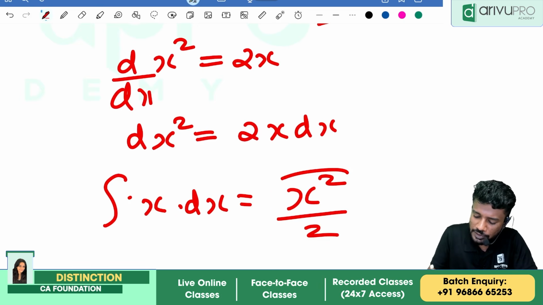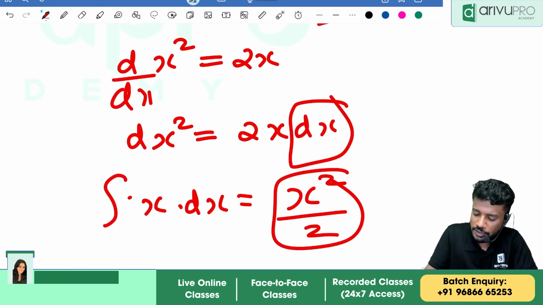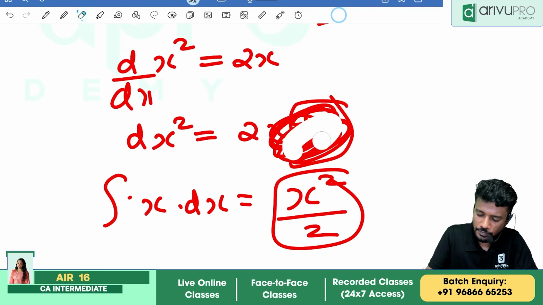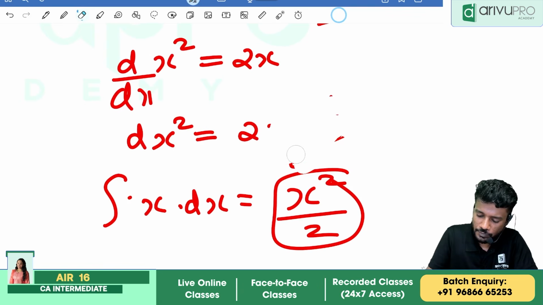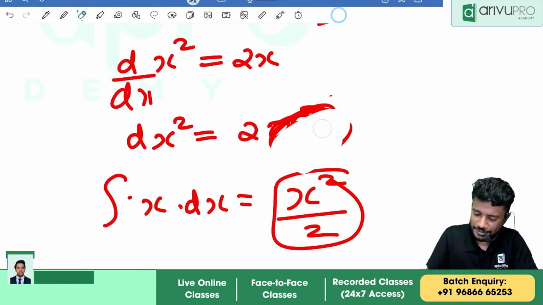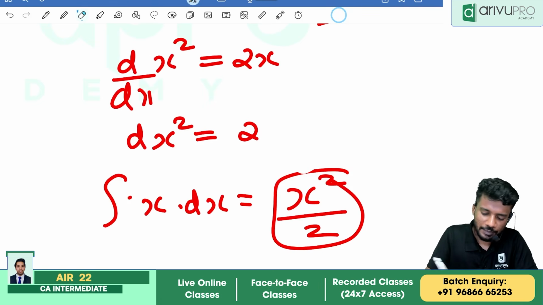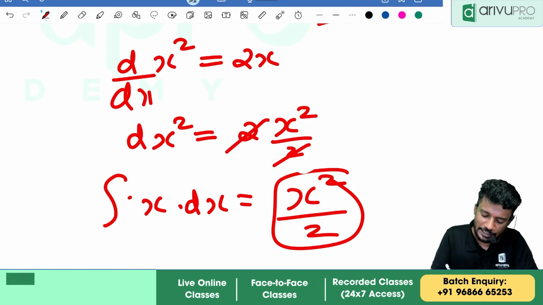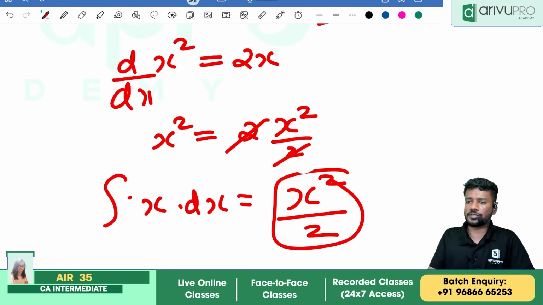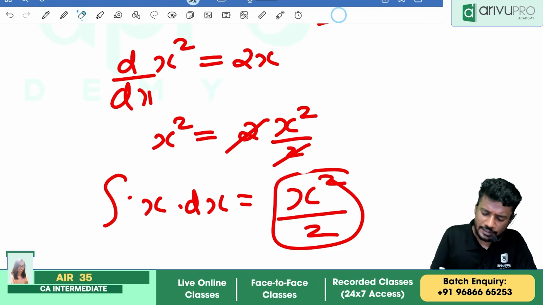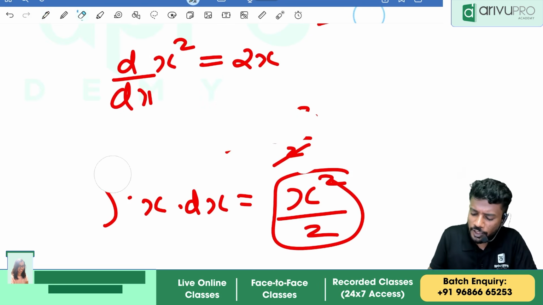Now when we put that x square divided by 2 over here, then the 2 cancels. Then the integral of this will become x square. That's why we say that the integral of x is x square divided by 2.